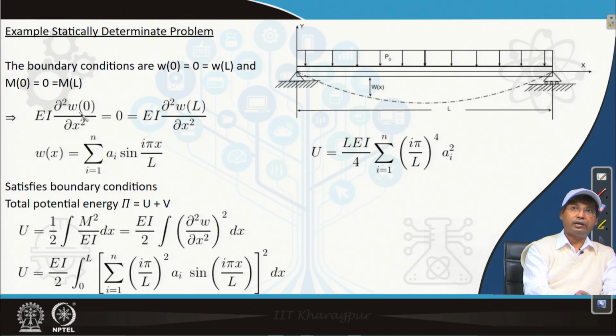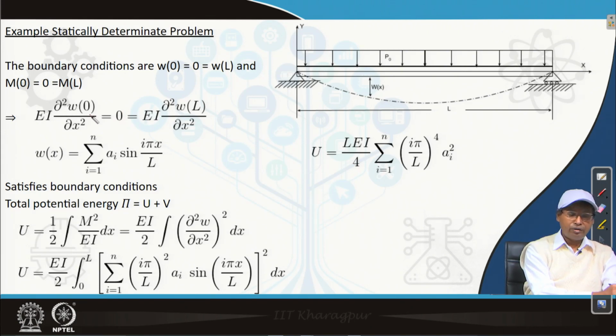As we know, the double derivative of W with respect to x, from the center line, E I del 2 W del x square is equal to 0 following this, and following this we get that that is also equal to 0.